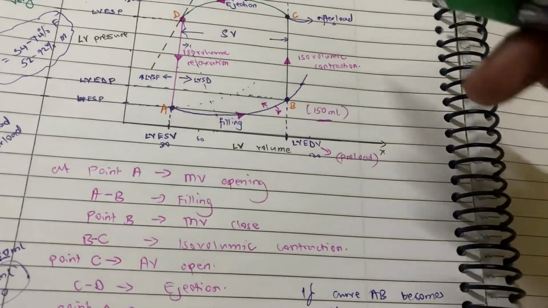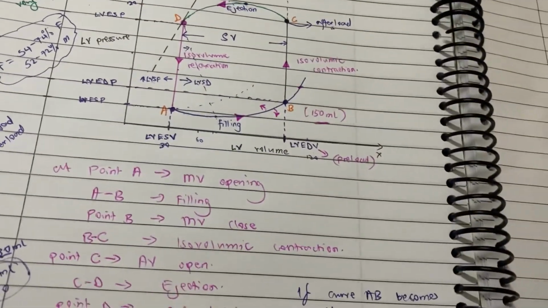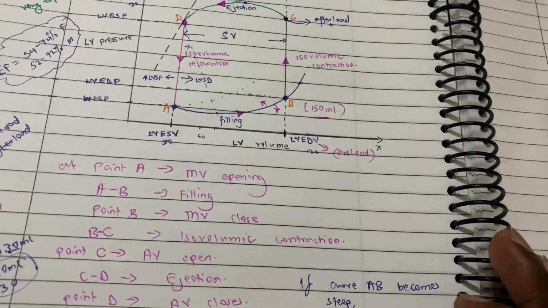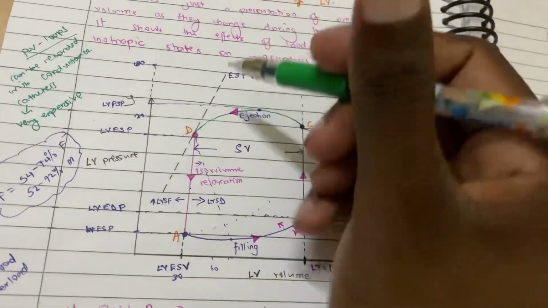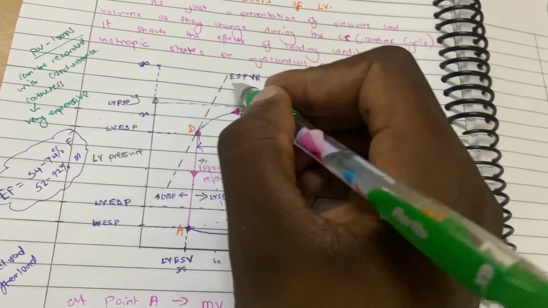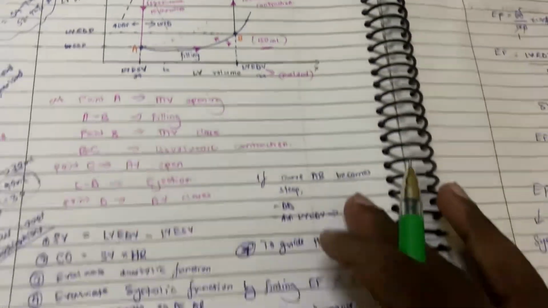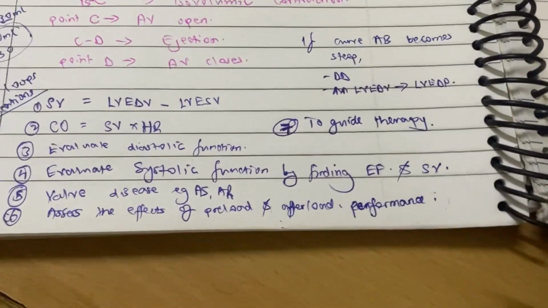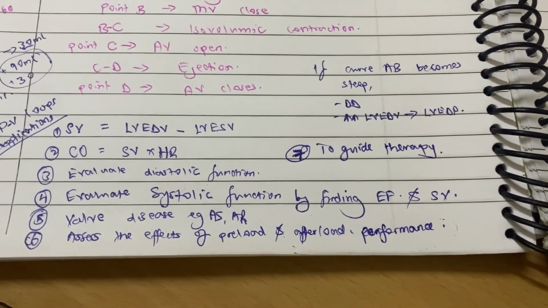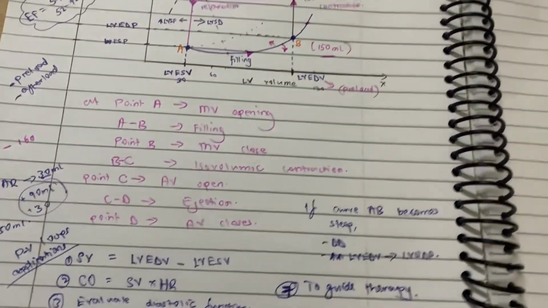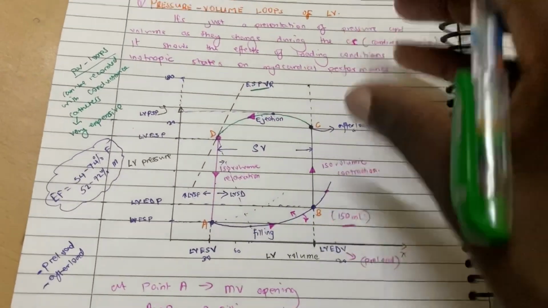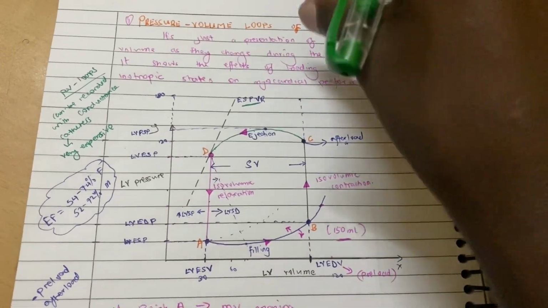Those are the shifts. So in case of increased contractility, this one will go up this side, and that is how it is clinically applied. Next we go to determinants of myocardial performance.